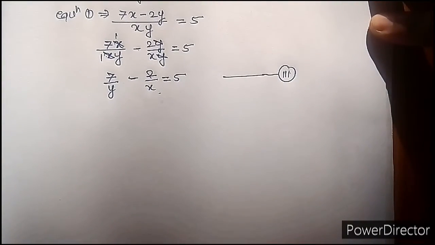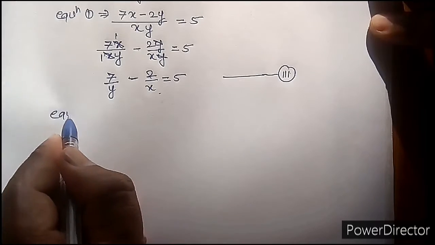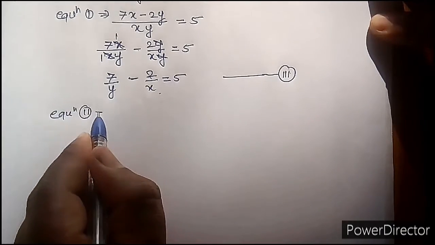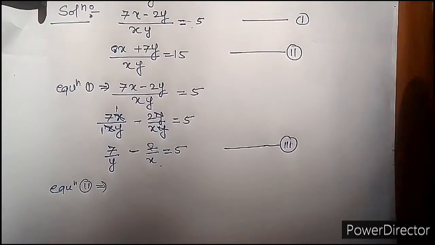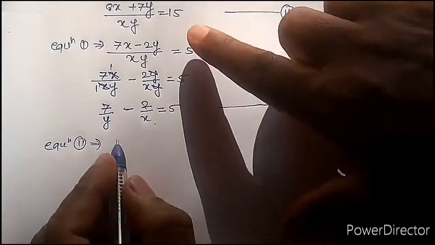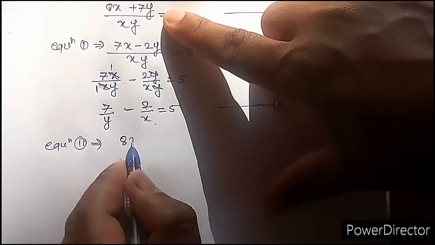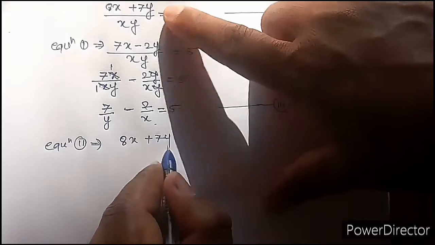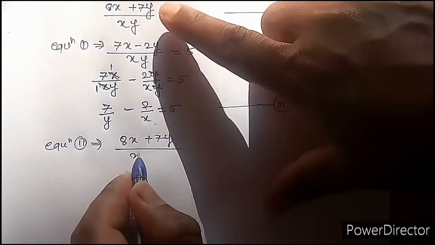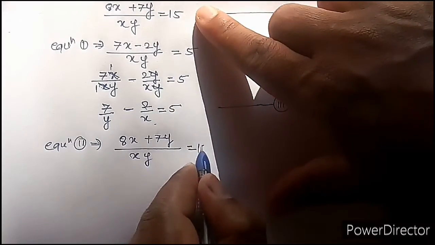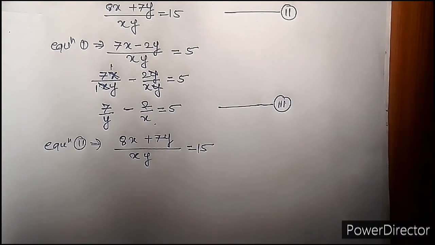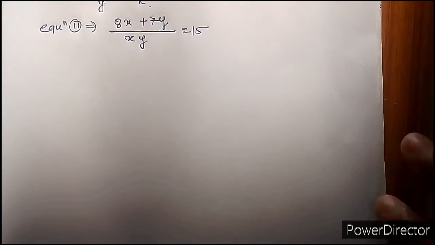Now we have to solve equation number 2. The equation 2 is (8x plus 7y) divided by xy equals 15. Write down this equation as it is. Now we have to solve this equation.